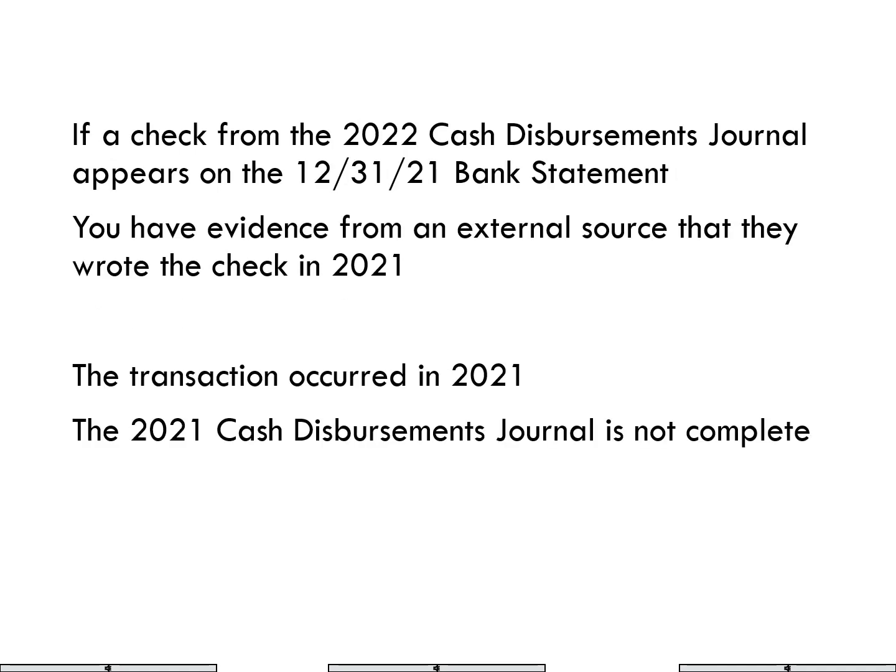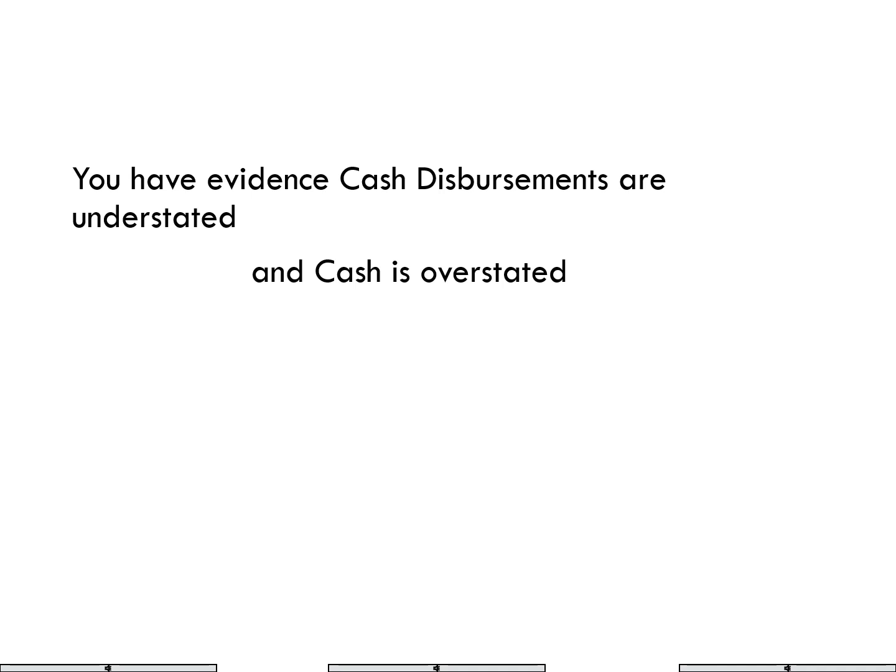If a check from the January cash disbursements journal appears on the December bank statement, we have evidence from an external source that they actually wrote the check in December of 2021. The 2021 cash disbursements journal is not complete, and cash disbursements are understated and cash is overstated.